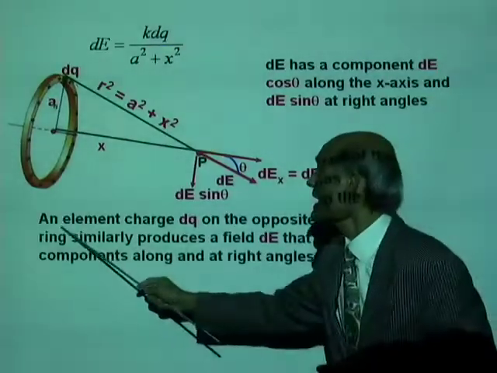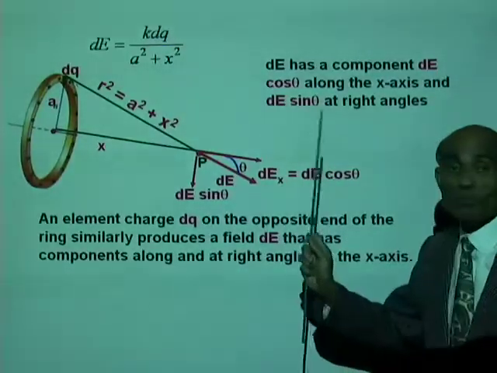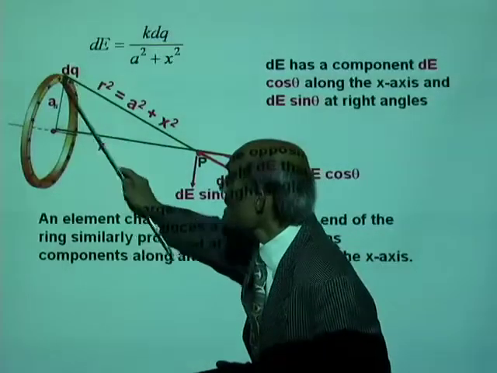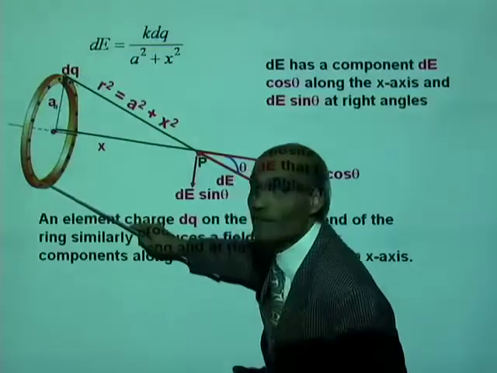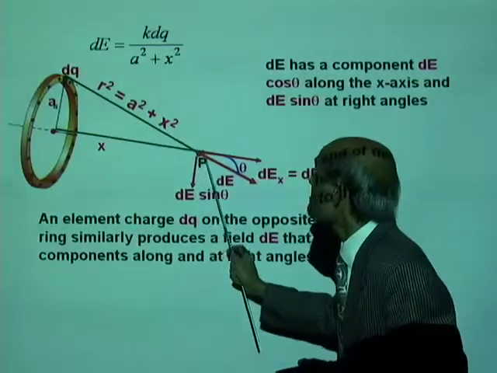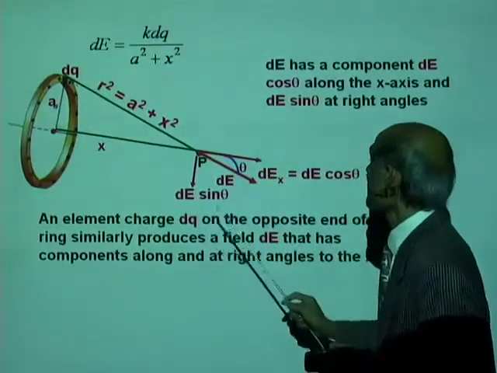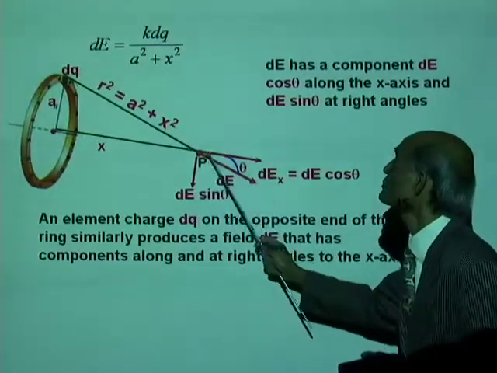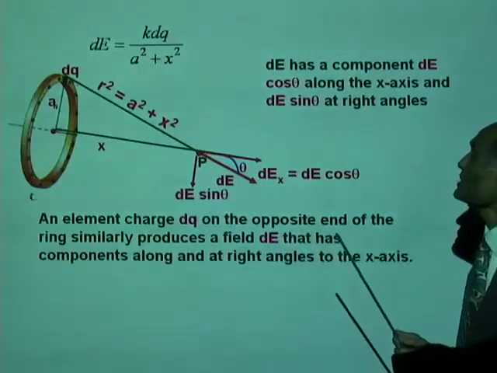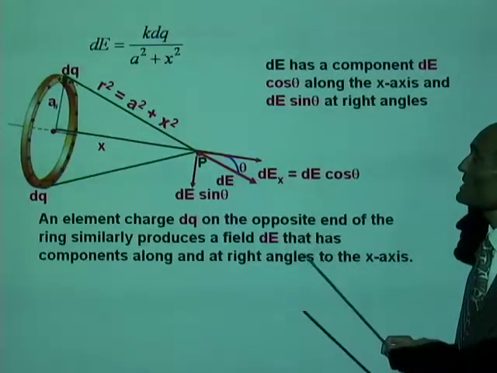Now, if you take an element dq exactly opposite on the other end of the ring, you will get a similar dE with the same components, dE cos theta and dE sin theta. Can you understand that?